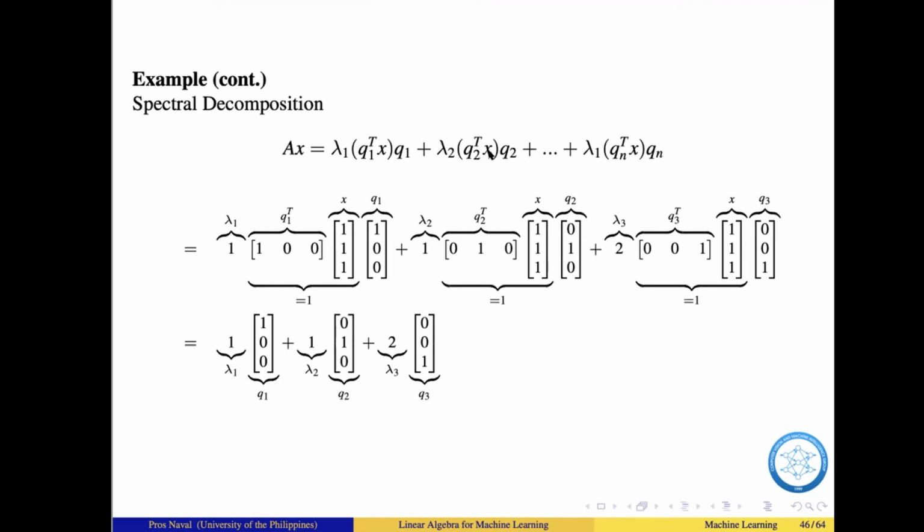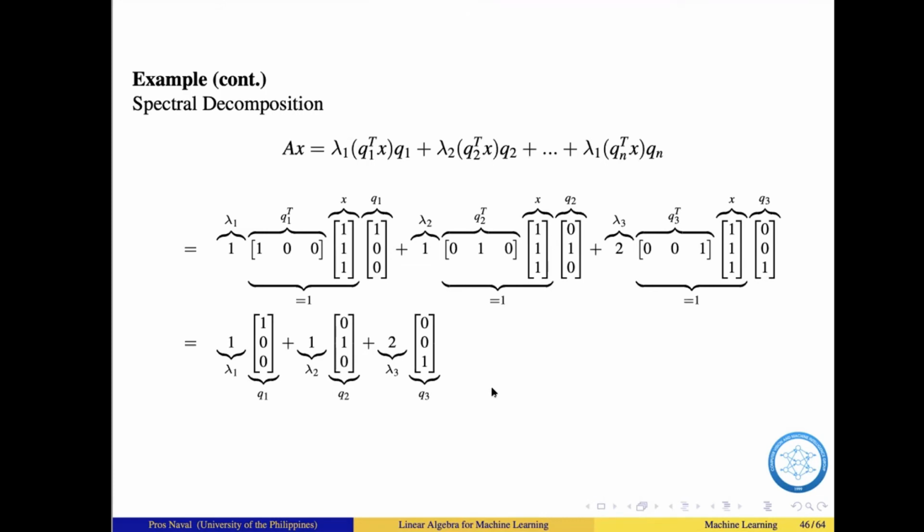Q2 transpose X also gives us a value of 1. Q3 transpose X gives us a value of 1 as well. So now what we have is this: lambda 1 times Q1, lambda 2 times Q2 plus lambda 3 times Q3.